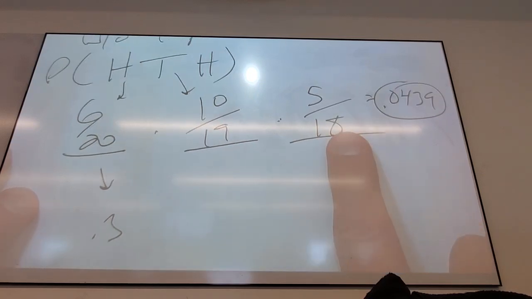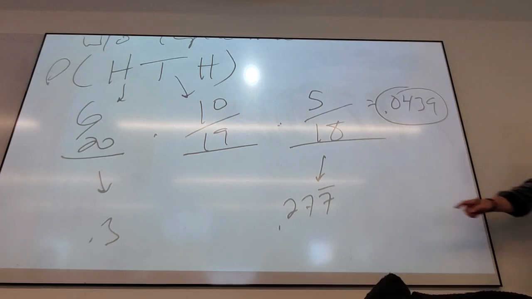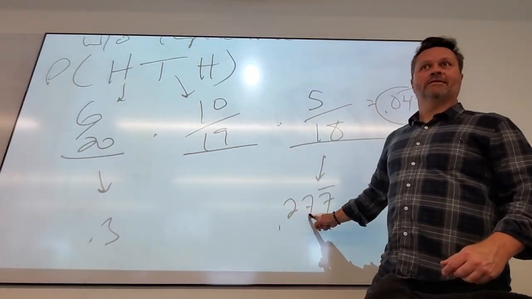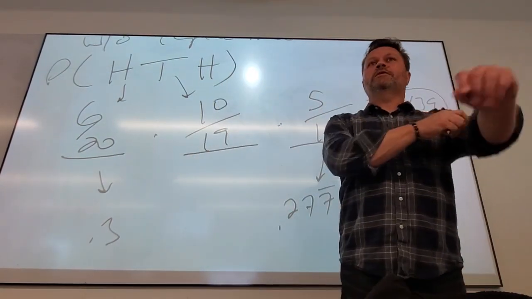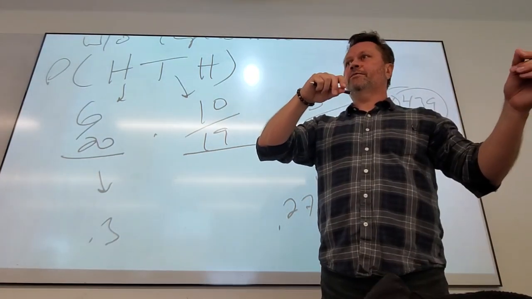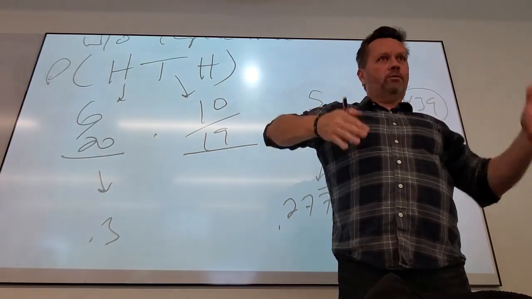What is 5 divided by 18? 0.277, yes? Now, are these two really different? No. Are these two substantially different from the standpoint of probability? A 30% chance of something is different from a 27.7%. If I was going to surgery, I'd rather have a 30% chance of it going well than a 27.7% chance.